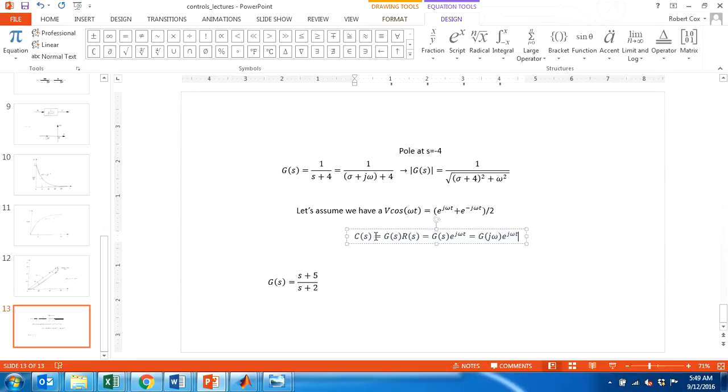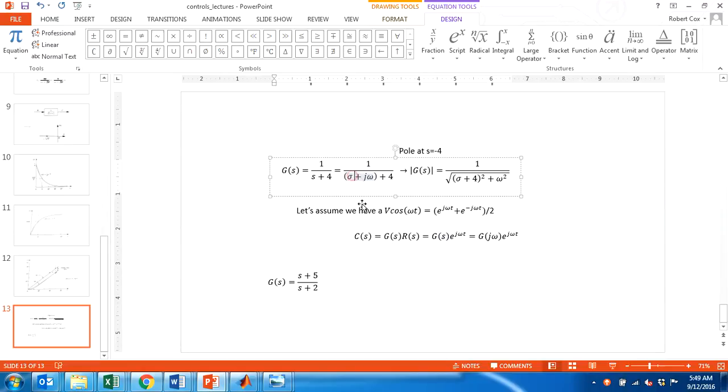In other words, if I have an input that looks like that, I basically want to know the output where s equals j omega.